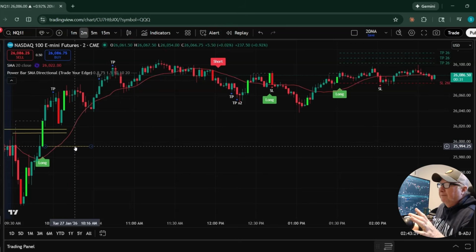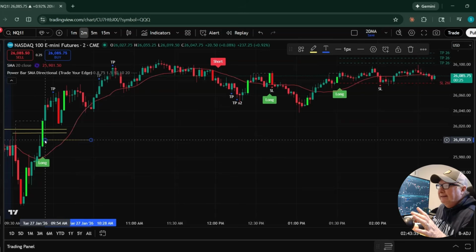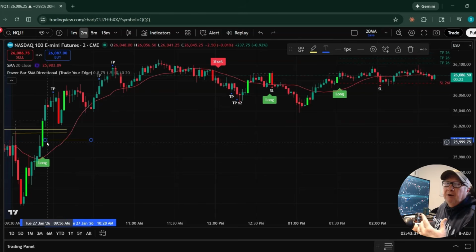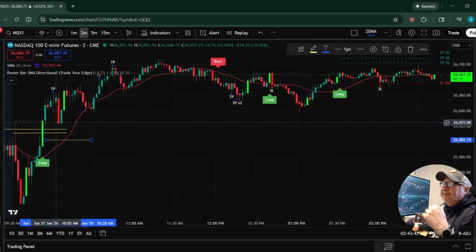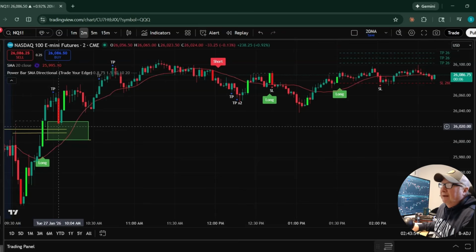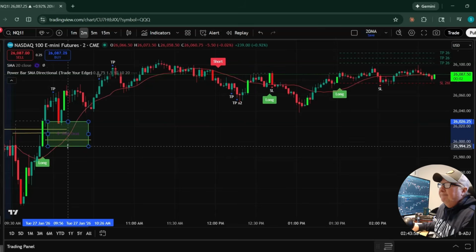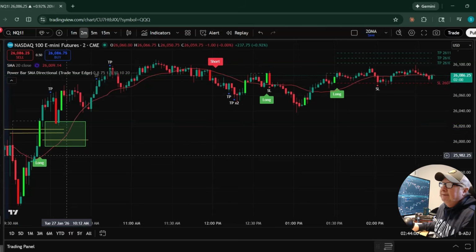I have no problem with moving the stop to about 20% into the power bar. That makes the stop size, which is now this size, a little bit smaller than if you use the base of the power bar, which now makes your stop this size.